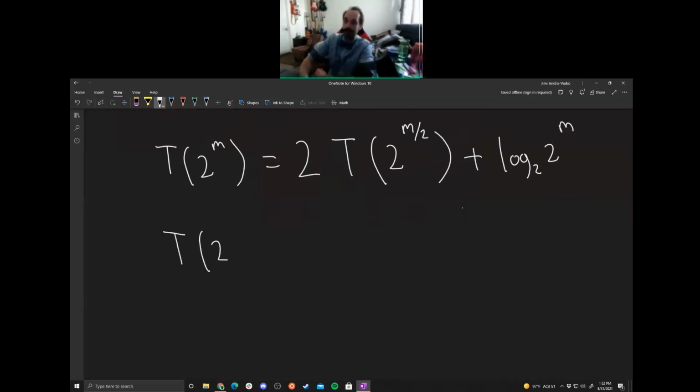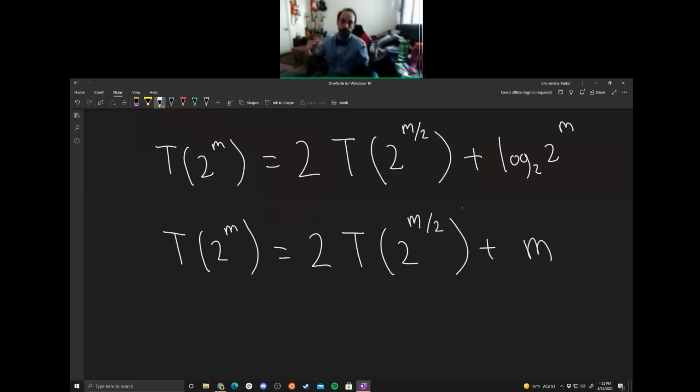I'll write this out. Log base 2 of 2^m is just m, as we know. So now we have this term set up.